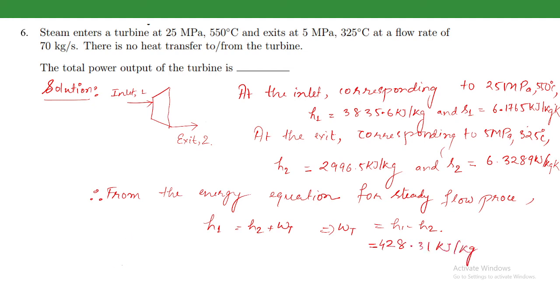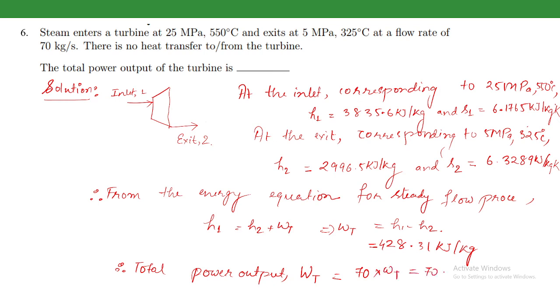Therefore, the total power output will be the mass flow rate, 70 kg per second, multiplied by the specific work output.